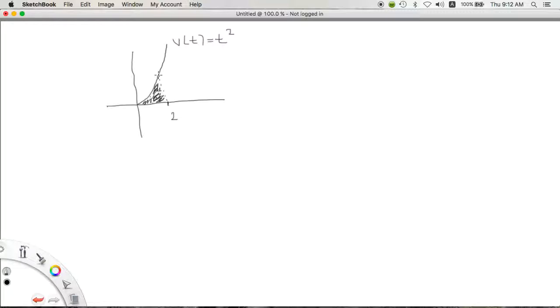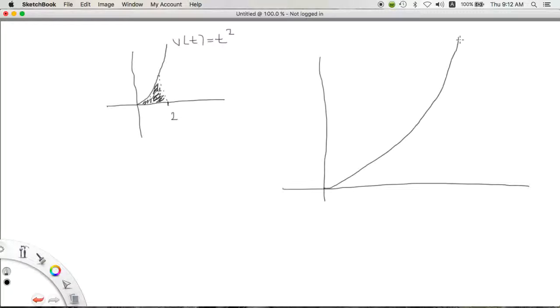So what we're going to do, at least to start with, is something called the rectangular approximation method, or RAM. And what that does is it uses those geometric shapes that we know and helps us to find the area. So let me draw a bigger picture here.